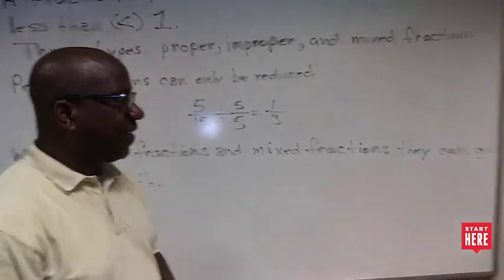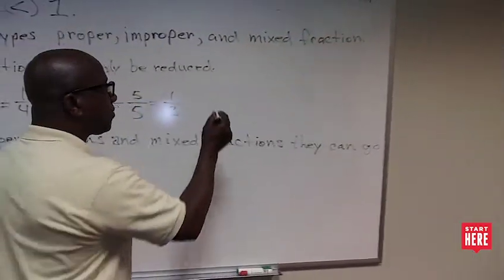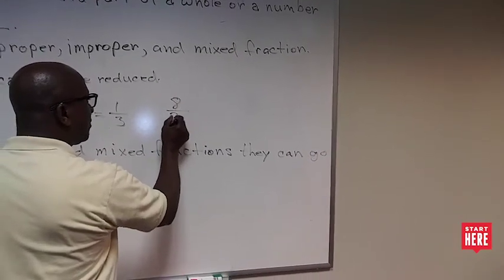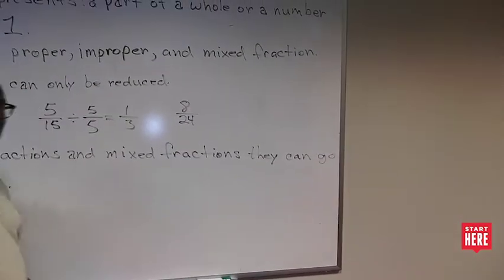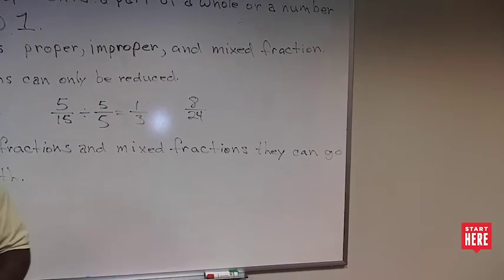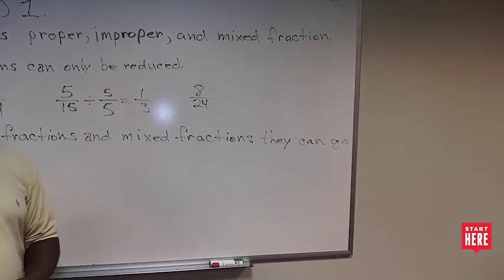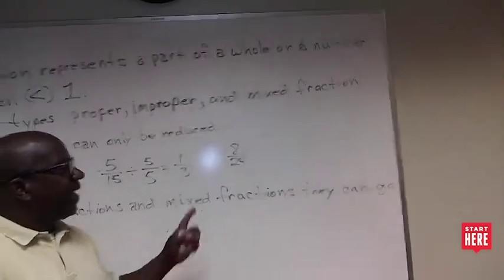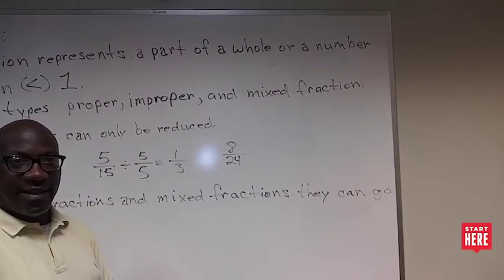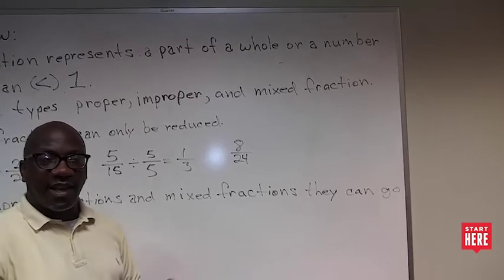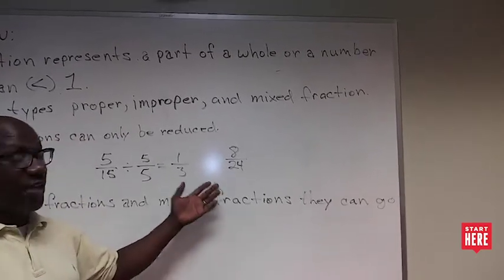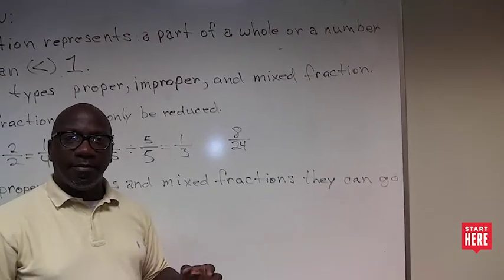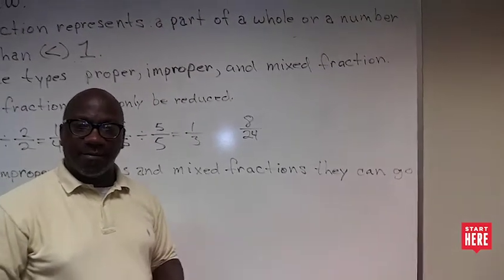We're going to take the fraction 8/24, proper fraction, and you know why it's a proper fraction. Just looking at this, I know that the largest number that can go into both 8 and 24 would be 8 itself. But let's say I don't know that.